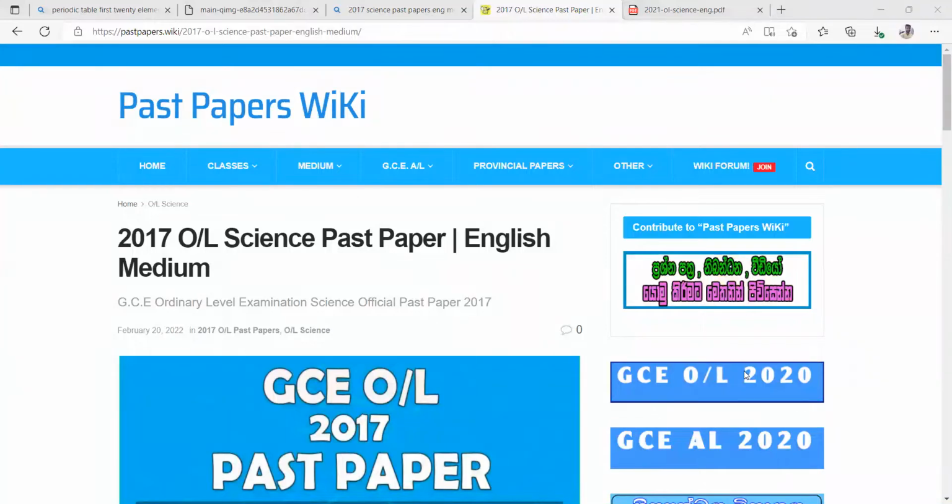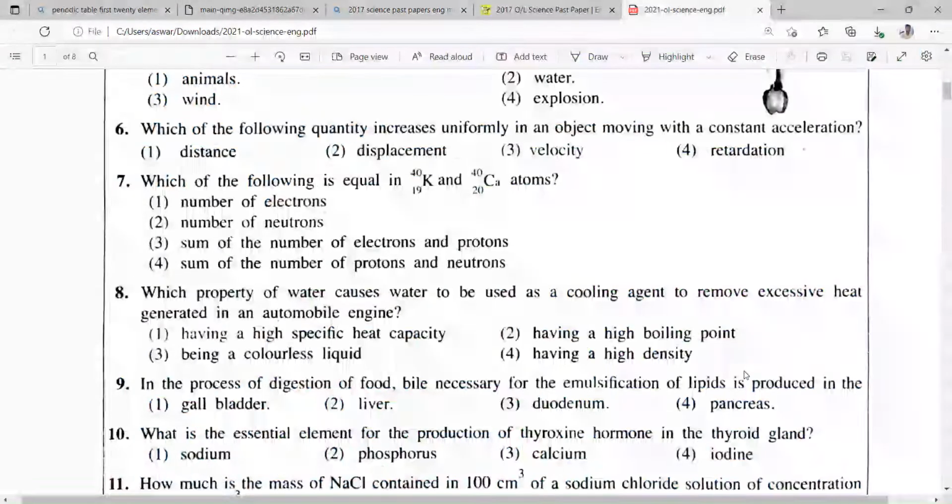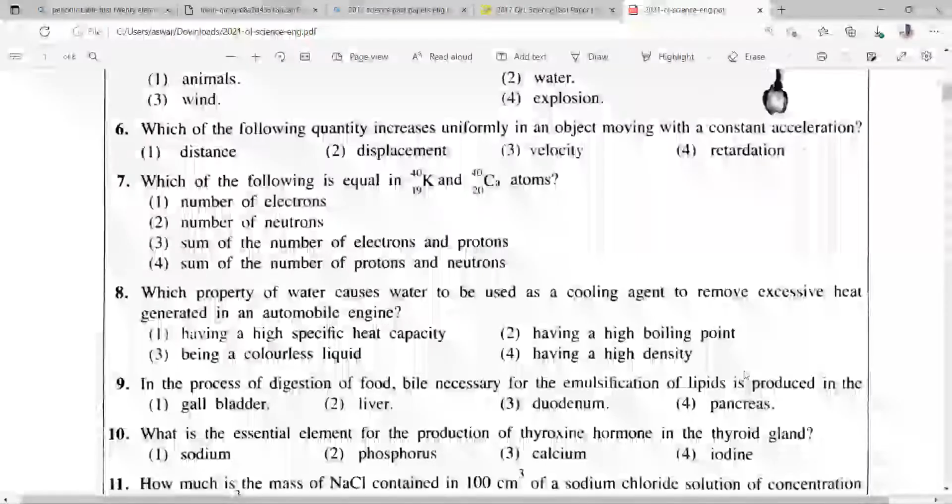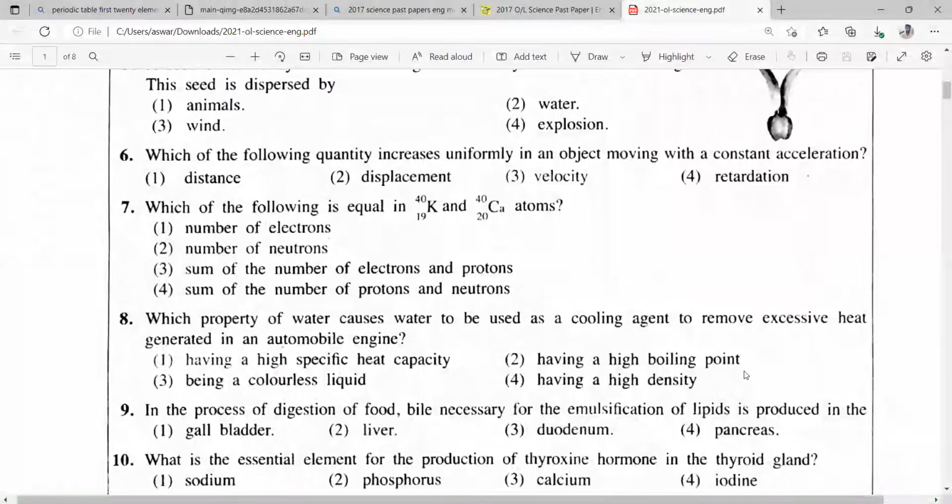Right, Sahla, I gave you a question to do, the 2021 seventh question. So you can take the screenshot and send me your answer for this one. This is the 2021 O level paper, seventh one. Did you take the screenshot?